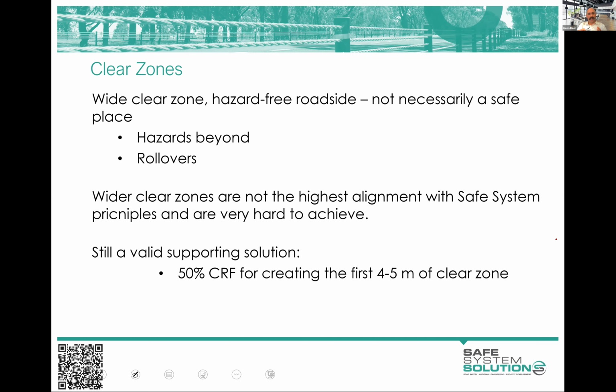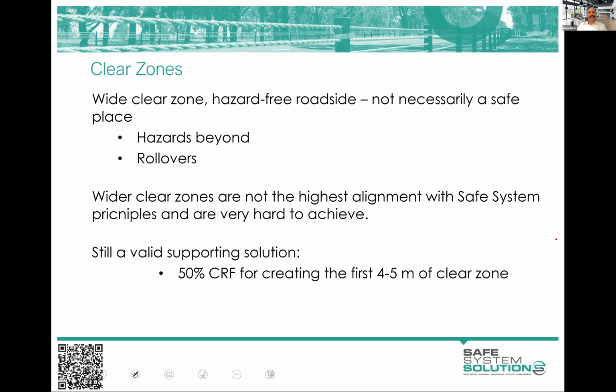You'd ask, is it a lesser hazard? A flexible barrier system these days is an incredible safety device. And a flexible barrier system offset from the edge line between 4 and 6 meters is a superior safety device compared to a clear zone of 9, 12 meters. That's pretty amazing, isn't it?